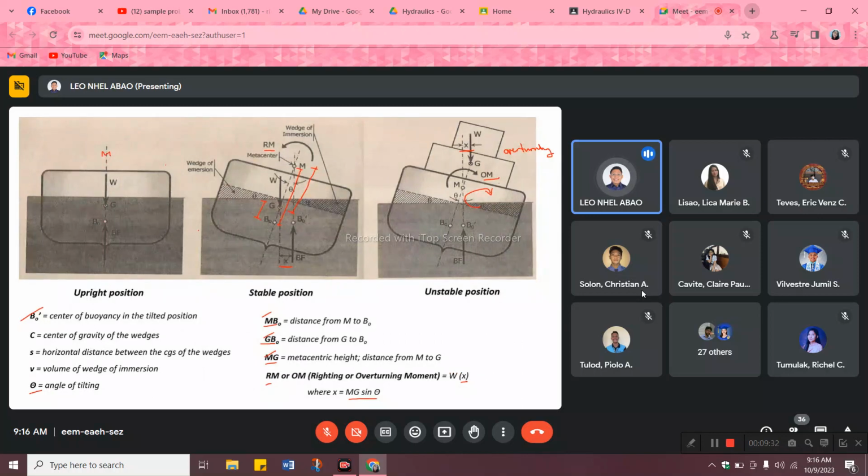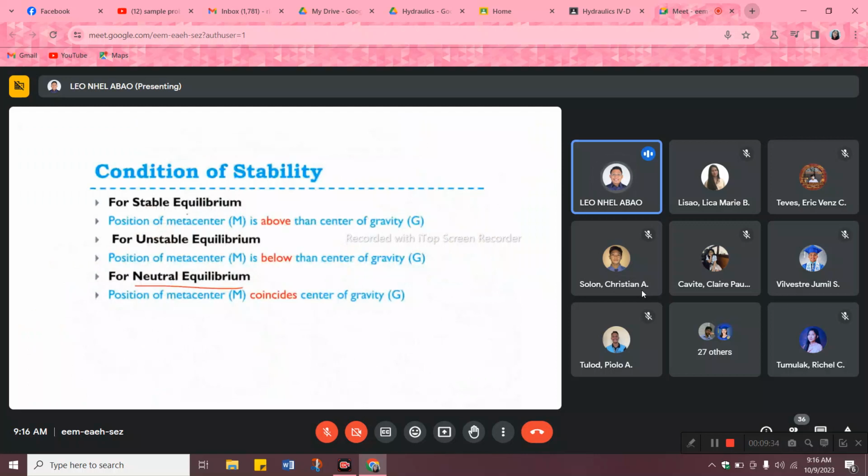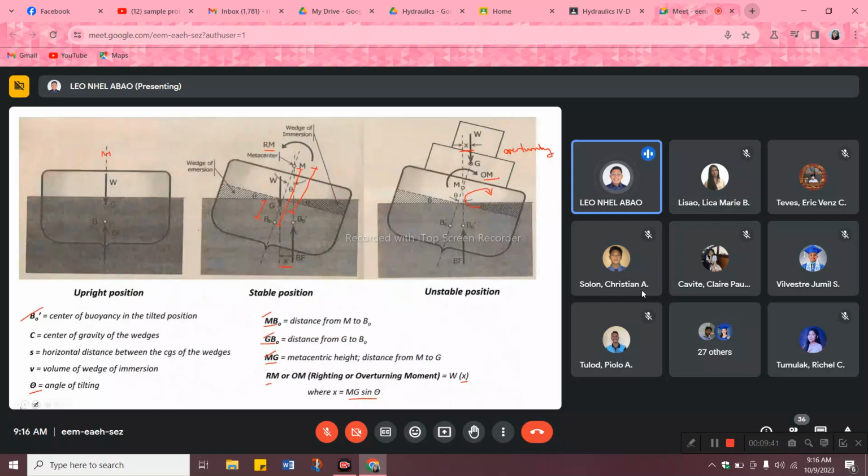So that's what we call the neutral position. For the stable equilibrium, M is above the center of gravity. In the figure, M is above G. Lastly, it is unstable if M is below G.